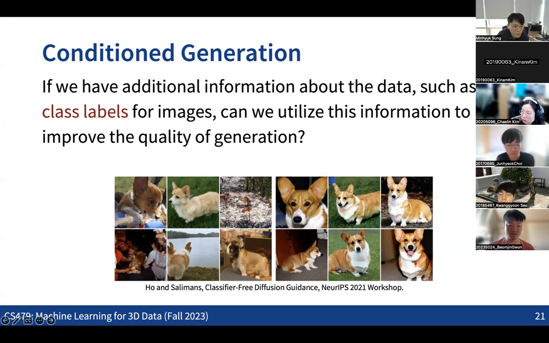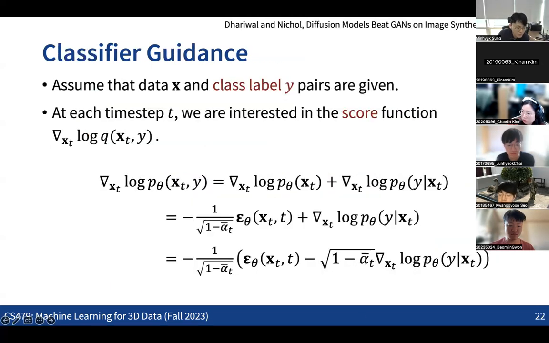For that, what we are going to see briefly is that in the diffusion model, what we are interested in is getting this score information, right? Previously, we saw this score information for the marginal distribution of x_t. But now that we have extra information y, let's say y is the class label, we are going to get this score information for the joint distribution of both x_t and y.